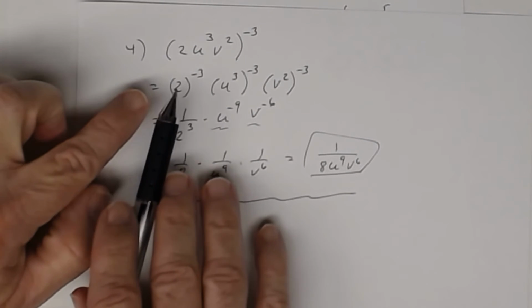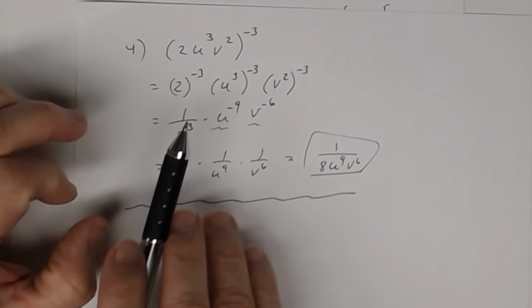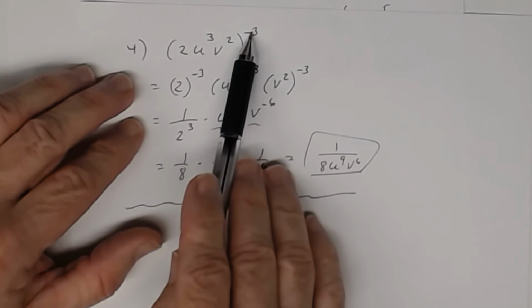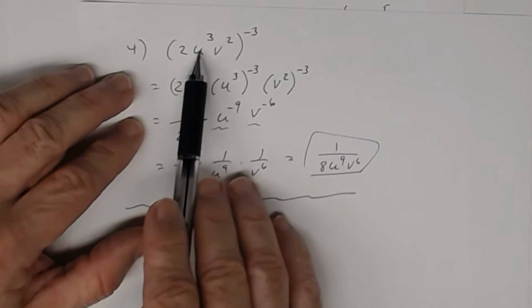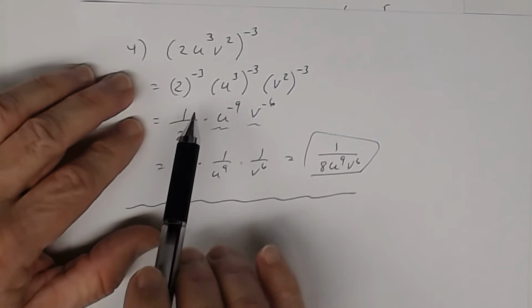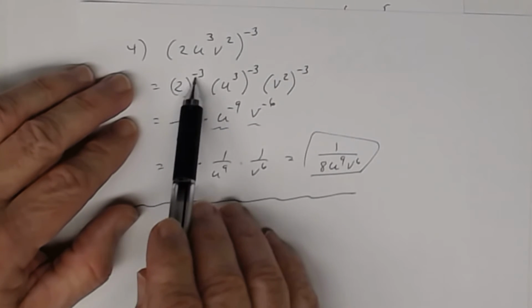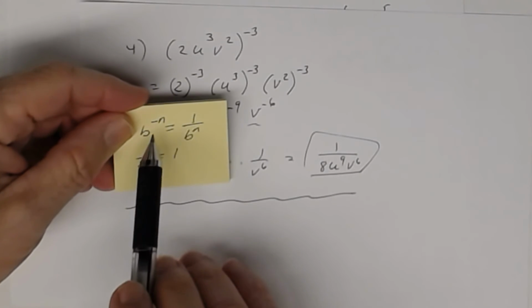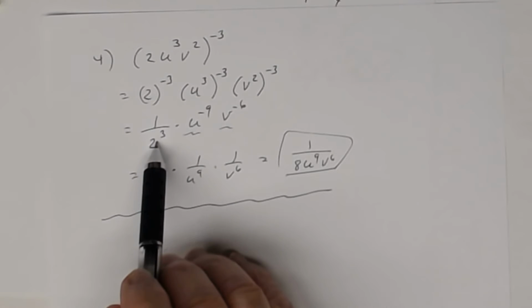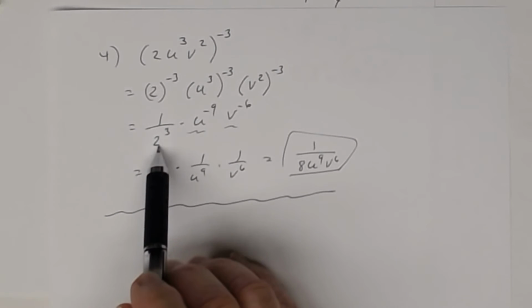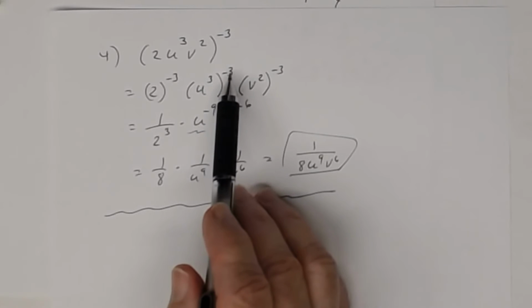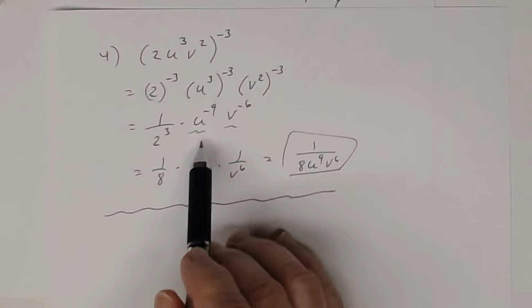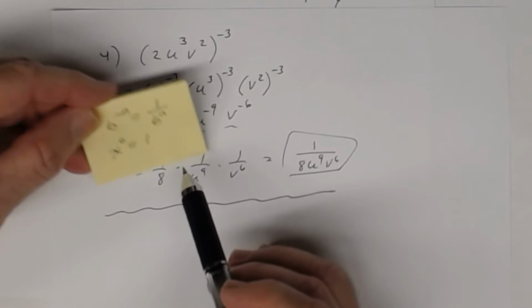Okay. Now remember, the way I just did it is the most conceptual one, because you know all those properties. You know that for the power of a product, you take each of those factors and raise it to that power, and then to make this exponent positive, I'm going to use the definition here, and so 2 to the negative third is 1 over 2 to the third, and then your power rule. 3 times negative 3 is negative 9, 2 times negative 3 is negative 6, and now use this rule again with these.